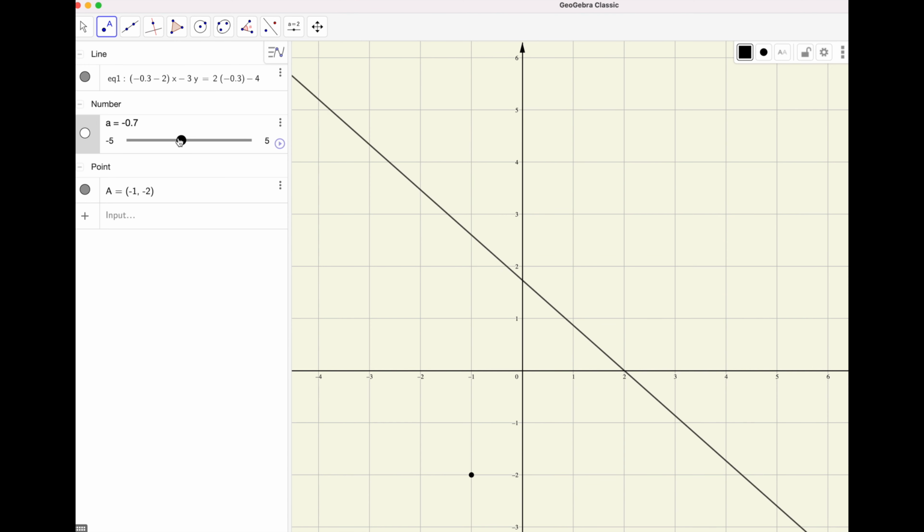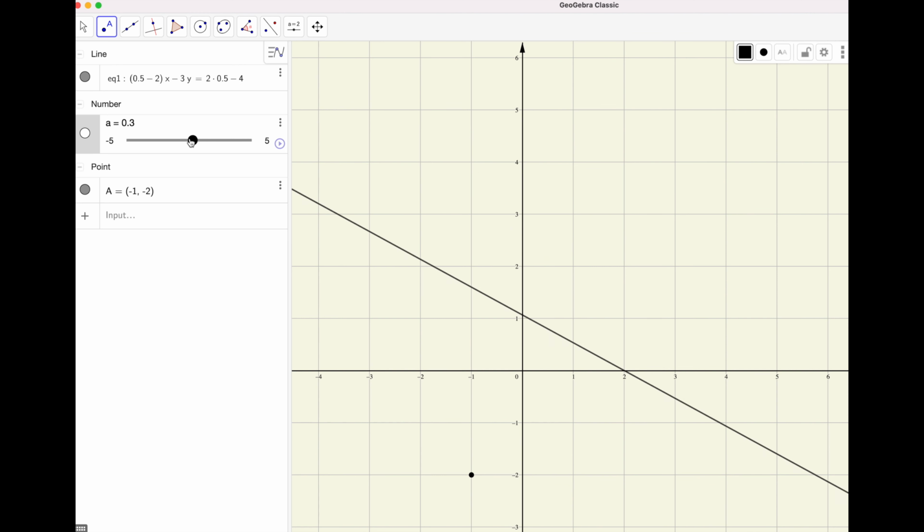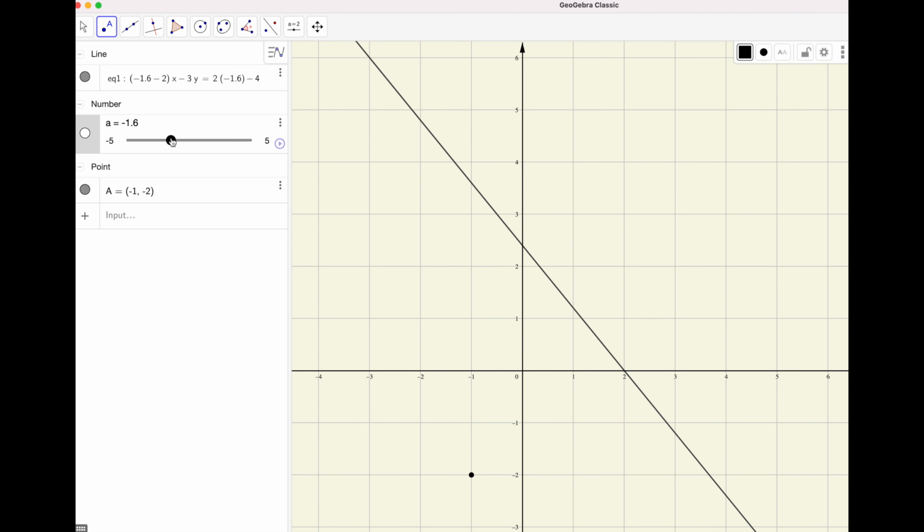Okay, but now let us see. I am changing this, so this line is rotating, but it is not passing through this point. If our calculation is correct, when a becomes exactly equal to 4, then this line definitely should pass through this point. Let us check if this is correct.